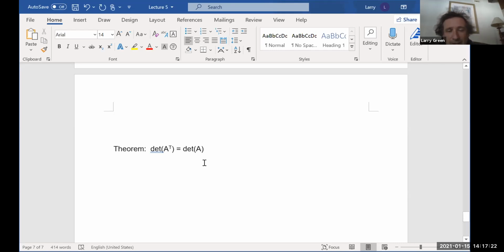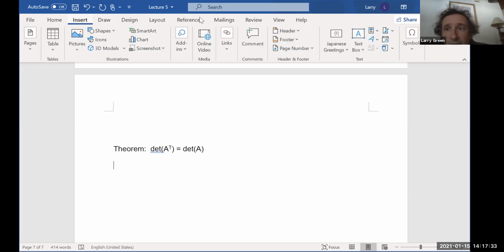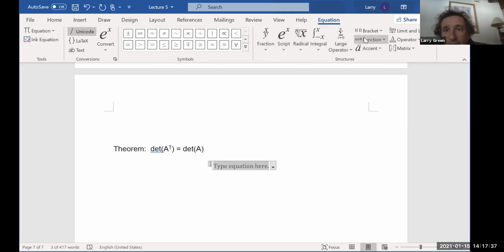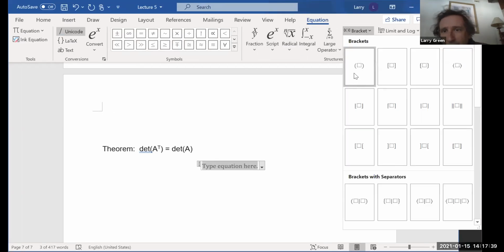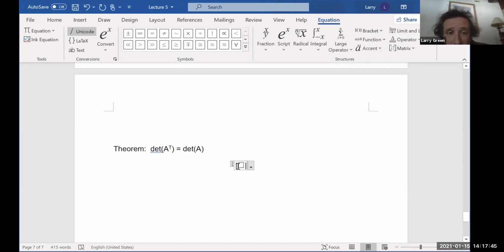If I wanted to find out the determinant of, let's do a 4x4, make it really miserable. Takes a moment to type them out.